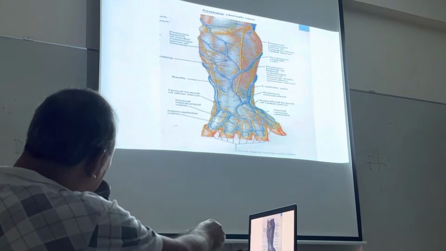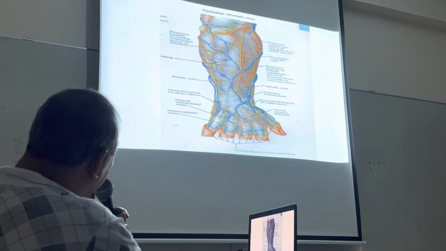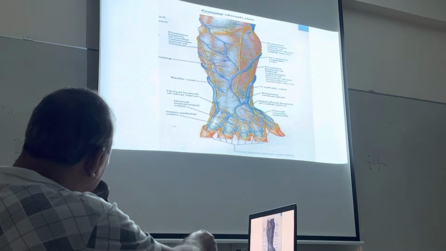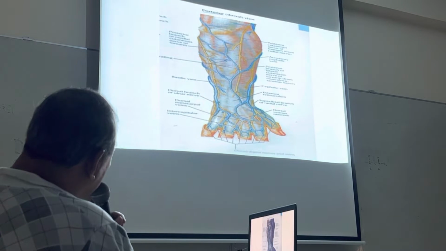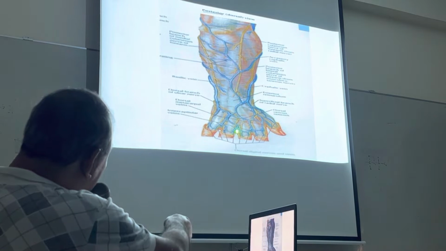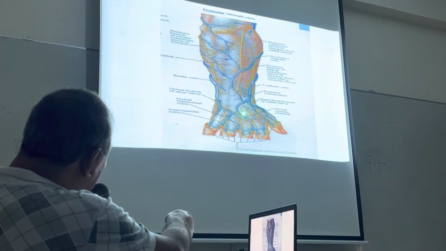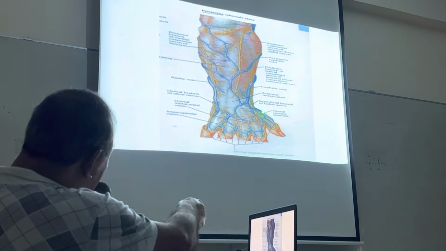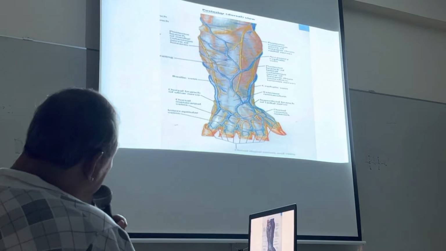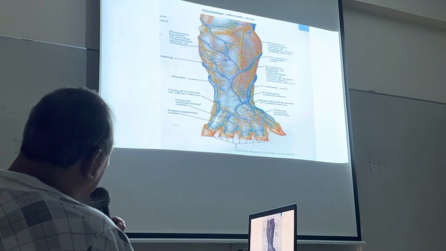While on the radial side, you have superficial branch of the radial nerve. So the superficial branch of the radial nerve supplies the so-called lateral two-thirds. So we divide into this one one-third, this one two-thirds, belongs to the superficial branch of the radial nerve. This is the one that supplies the skin in the dorsum there.